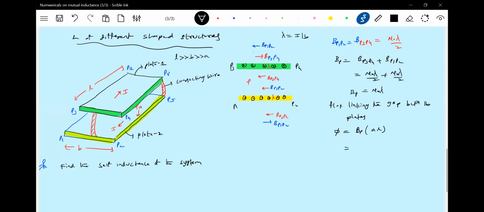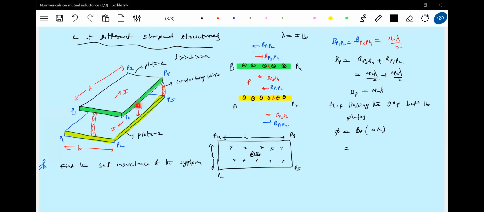Okay, come to this. You should have the patience to draw as many diagrams as needed so that things get clarity. Here the B bar will be in this direction, into the plane. So flux is BP into this area, which is AL.